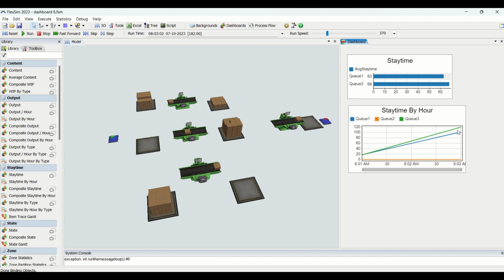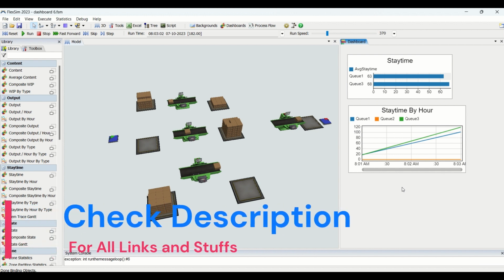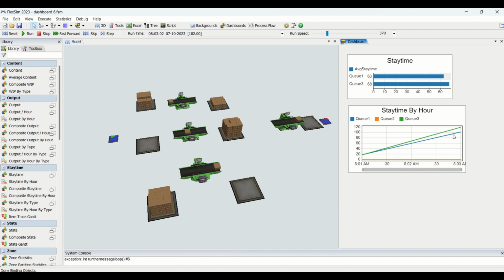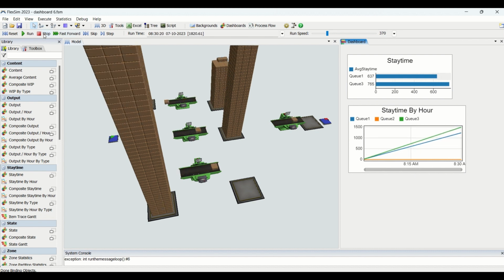This is what this graph tells us, or it basically warns us that your buffer is going to keep on filling, because if you look, every minute it is just getting stacked up. Now if I run the model and show you, see, these two graphs are getting stacked up, and our graph is giving a very perfect interpretation.